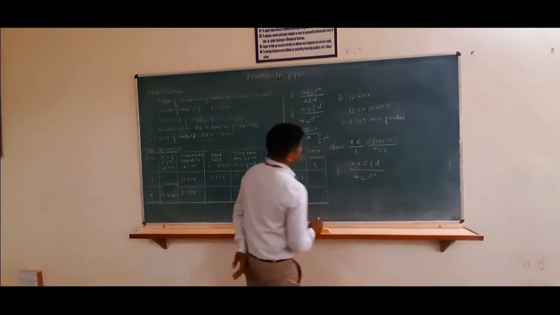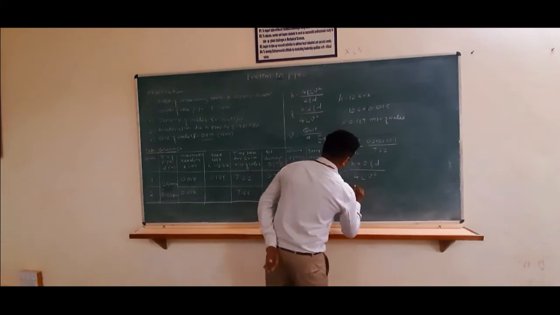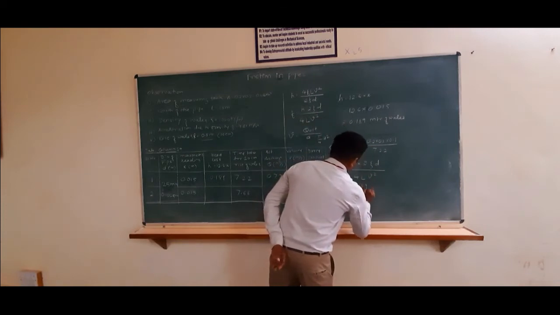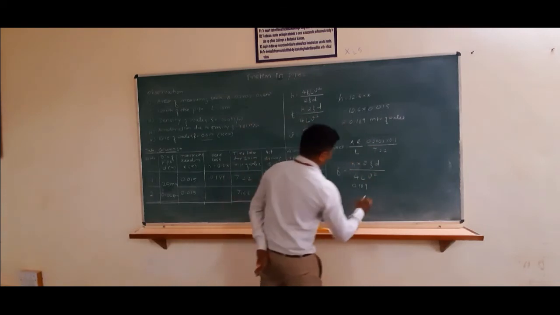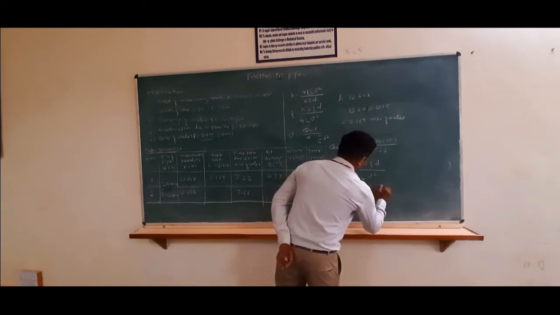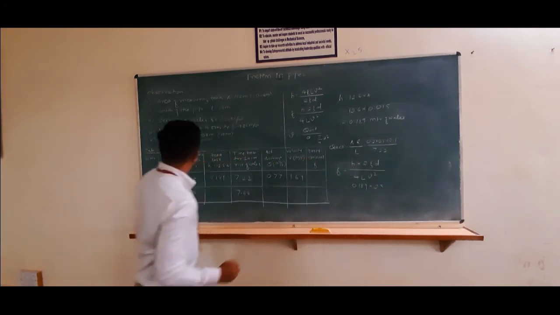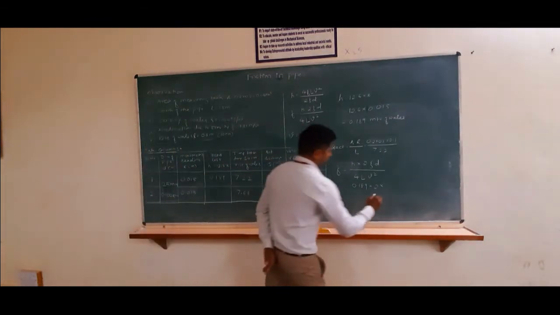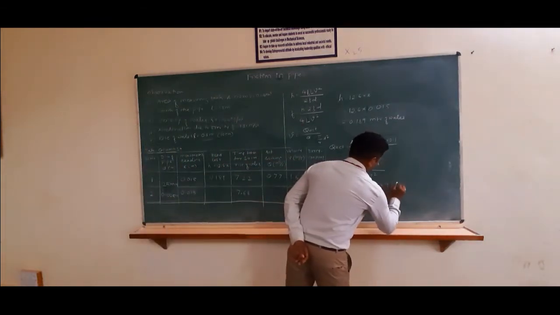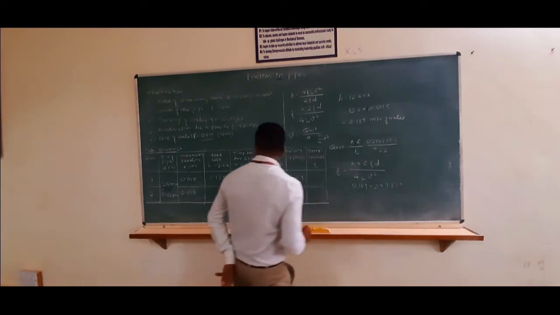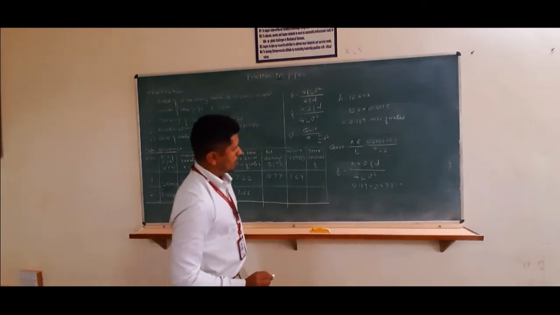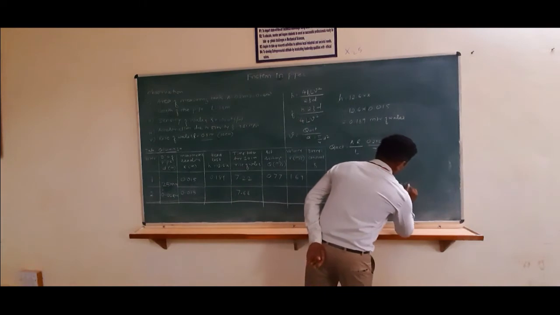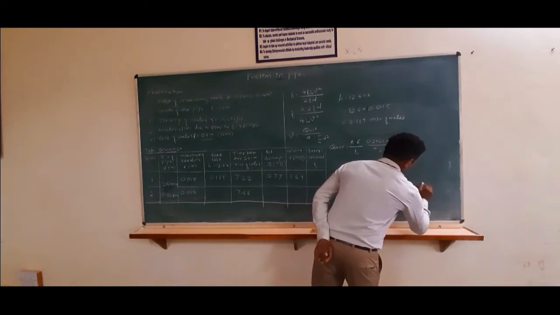Here h is your calculated 0.189, into 2. The g is the acceleration due to gravity, that is 9.81. The diameter of the pipe is now taken as 25 mm, so 0.025 meter.